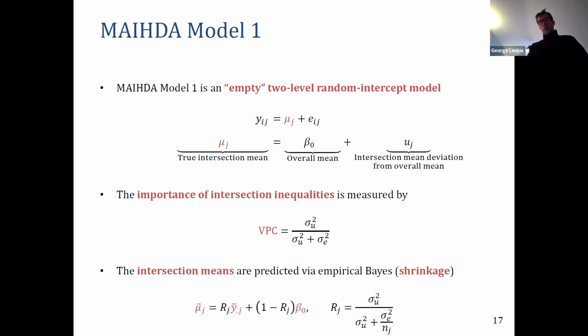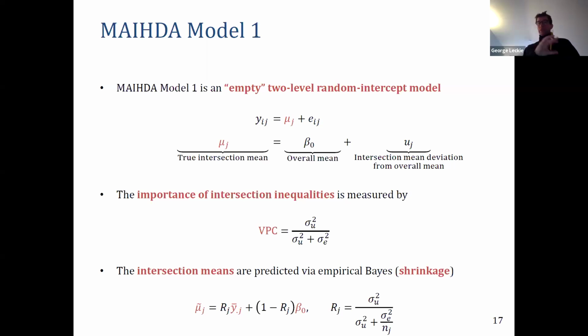Why do we get that? Because the weights in this weighted average, the R sub j's, are a function of sample size. Those R sub j's are often referred to as the reliability. What reliability? Well, it's the reliability of using the observed mean as a predictor of the true mean.